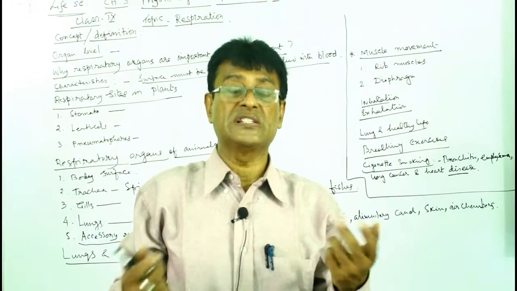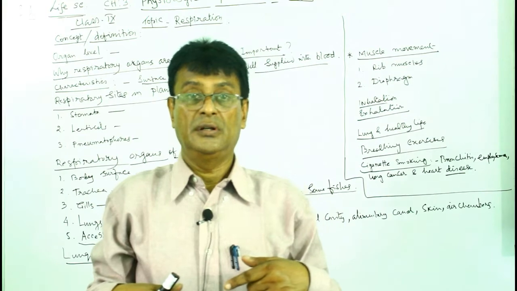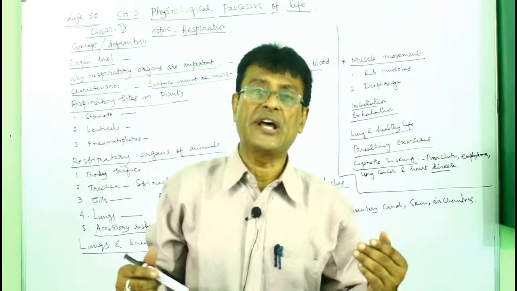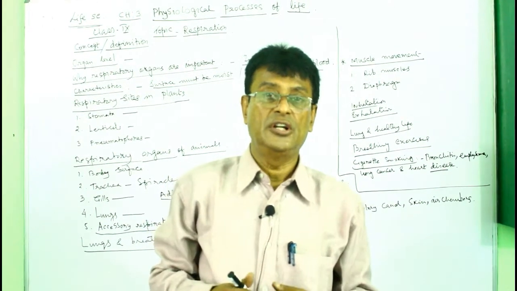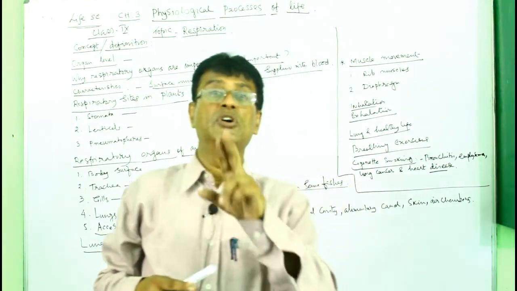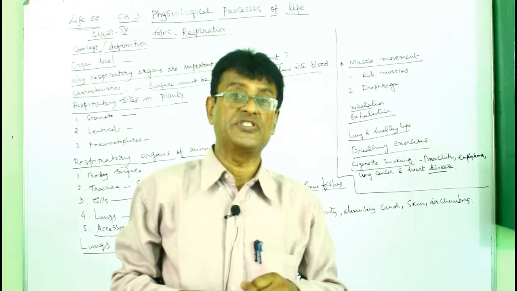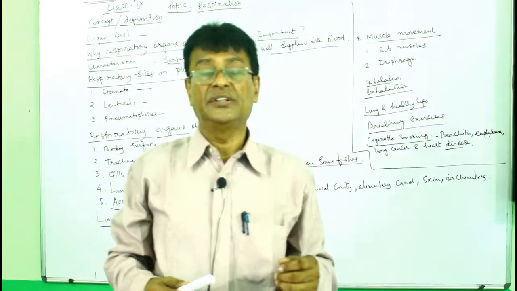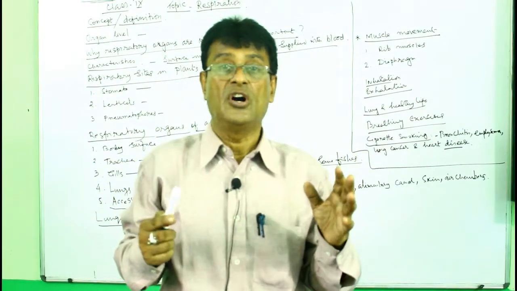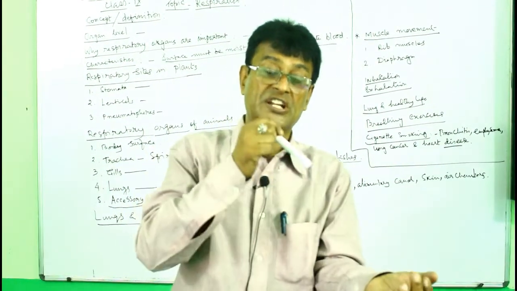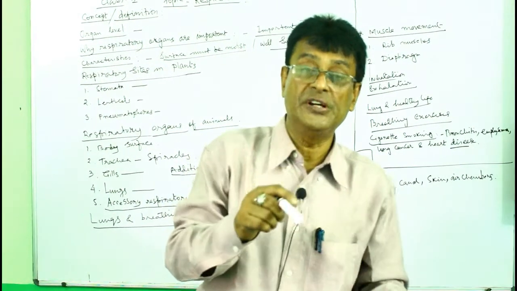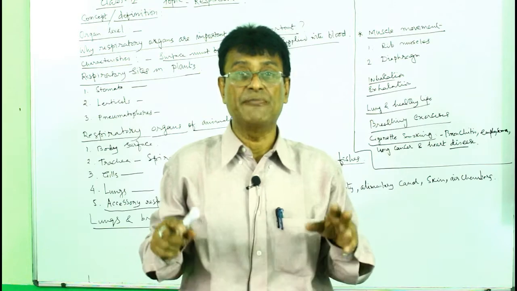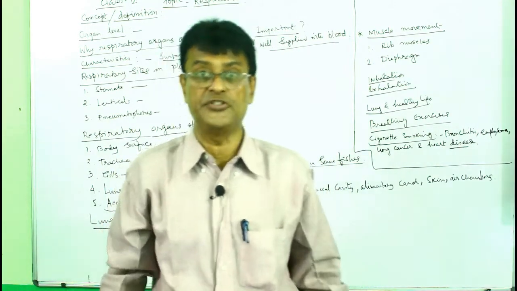All this food, especially in the heterotrophs, cannot directly go into the cells, because heterotrophs have two kinds of respiration. One is extracellular respiration or breathing, the other is cellular respiration, by which inside the cell, in the mitochondria, the digested food is oxidized and broken down into glucose and energy.